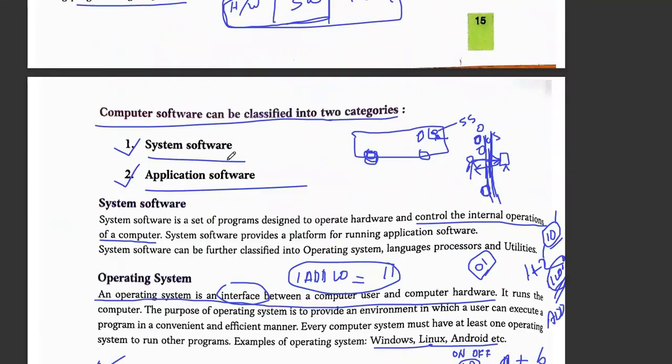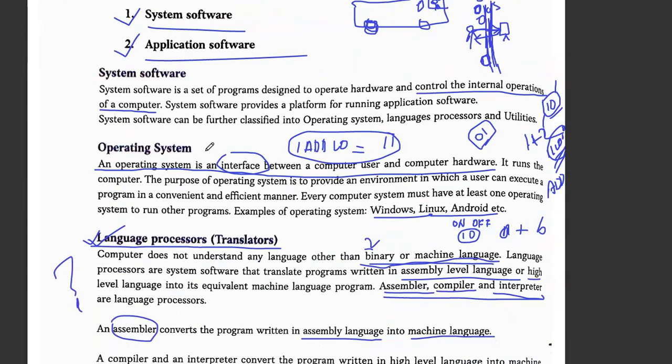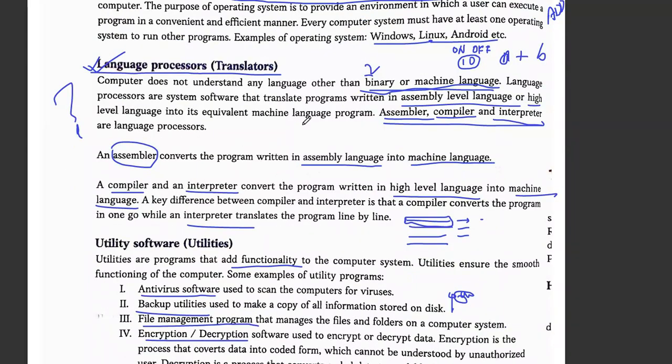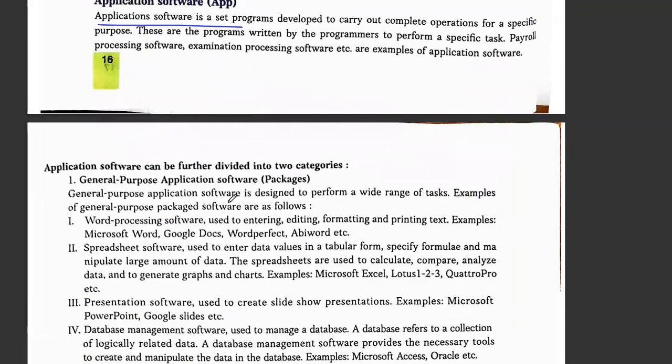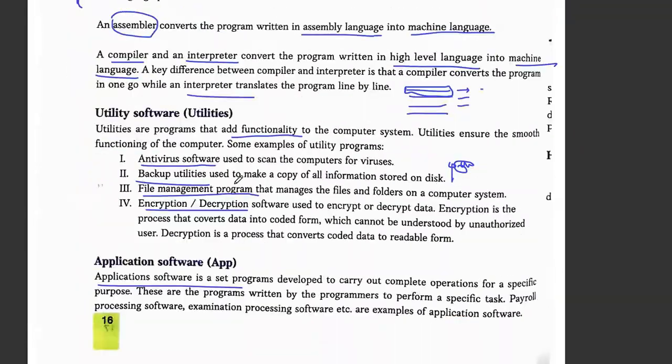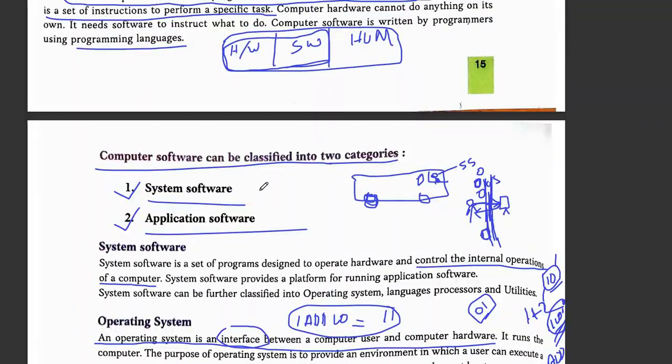So here you have to write system software, application software, and utility software. You have to write all these three.